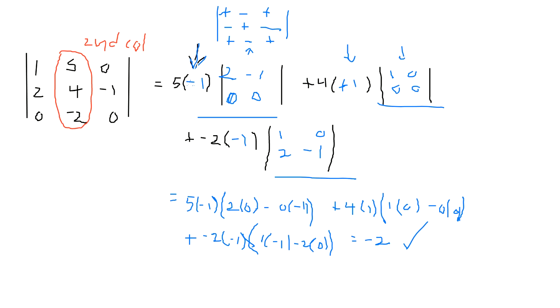So when you do cofactor expansion, you traditionally want to expand along a row or column where you have the most zeros. Are there any questions on that?